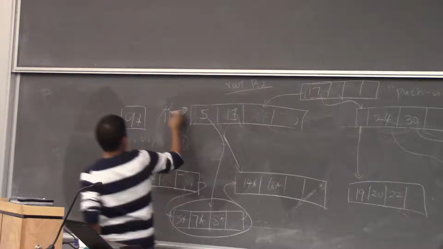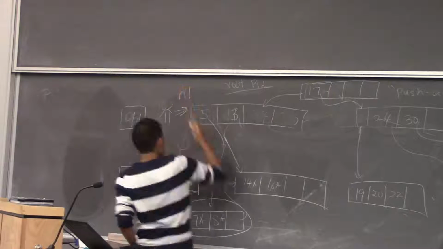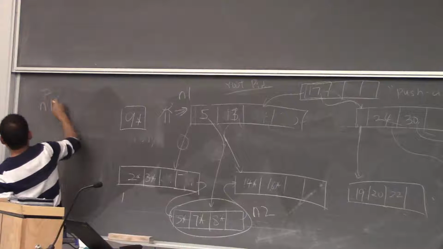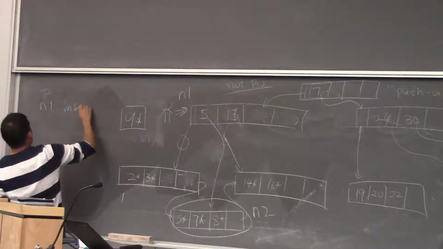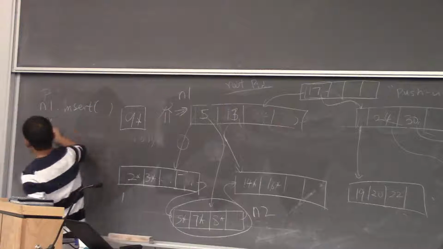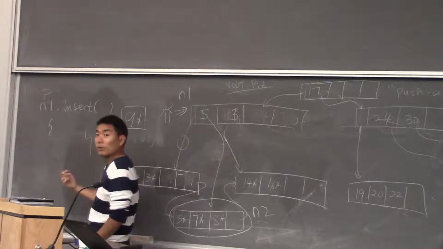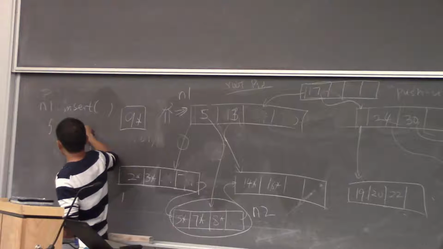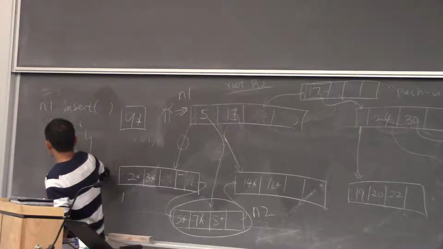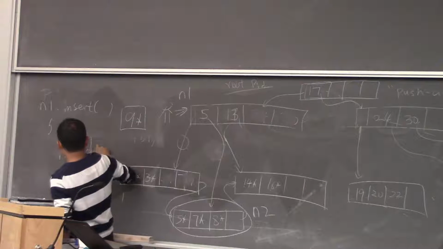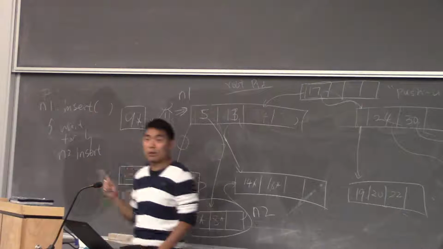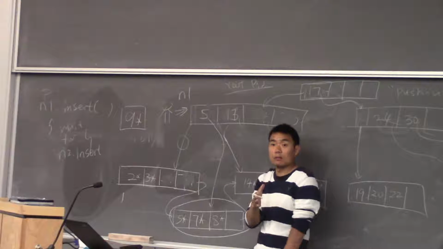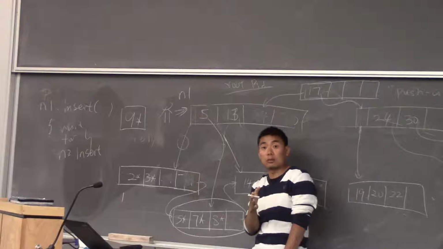Let's say this is node 1, and I label this node 2. When you're at node 1, you call insert. Inside this implementation, you basically wait for node2.insert, where node 2 is the right node to follow to the level below, depending on the key value you try to insert into the tree.